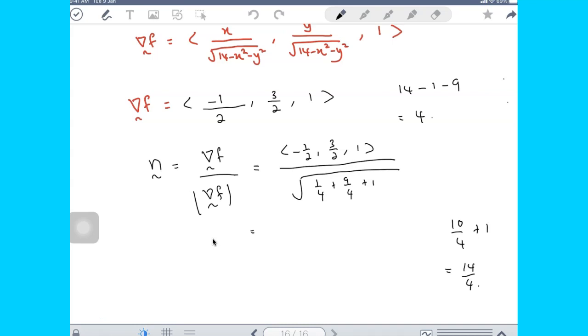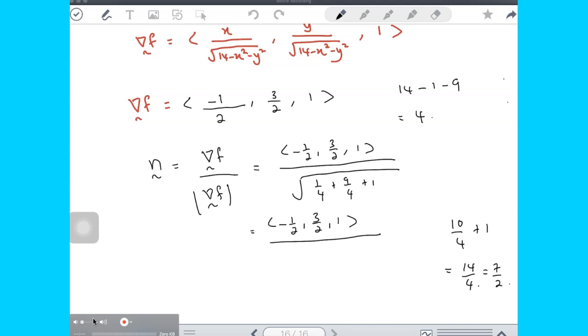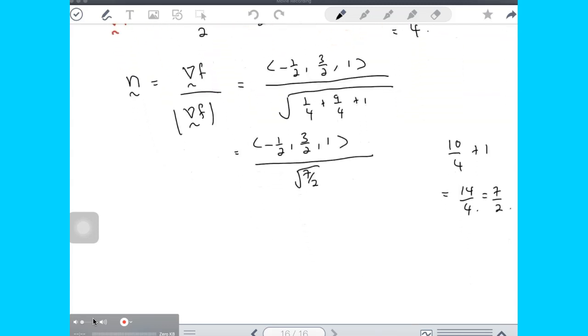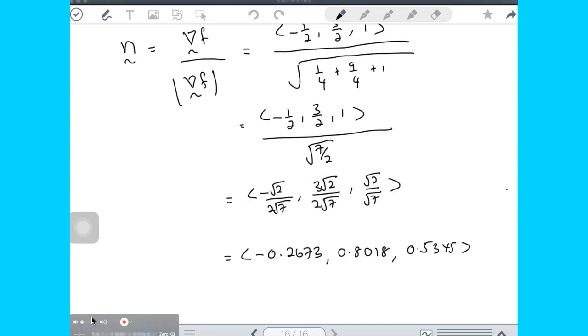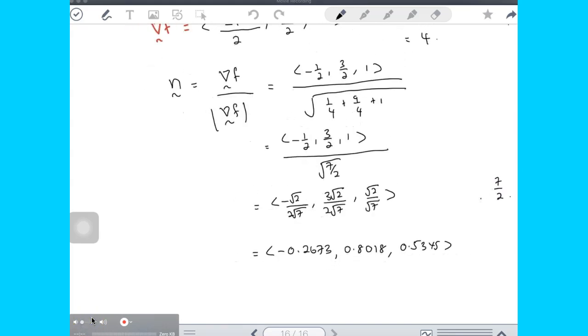Ten over 4, and so 14 over 4. Then we have a square root there. So then we have the square root of 7 over 2. Okay, we have negative 1 over 2, 3 over 2, 1 divided by square root of 7 over 2. Right? And when we simplify that, that is the unit normal that we obtain.